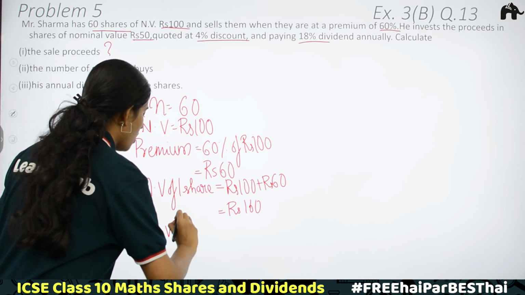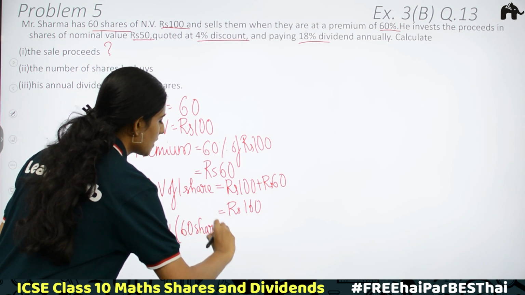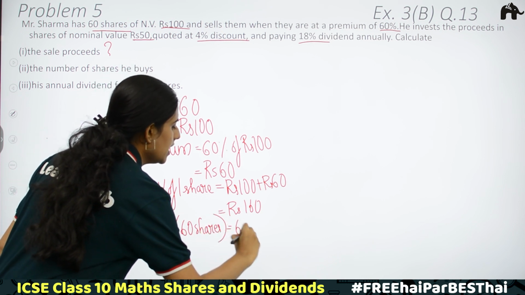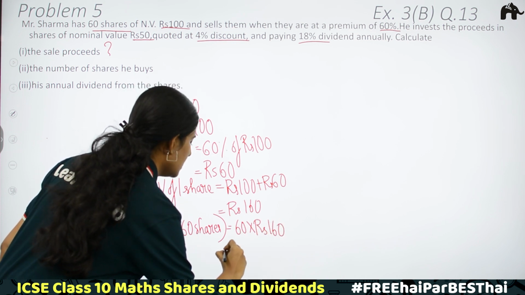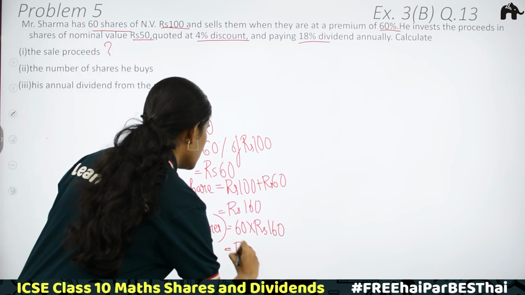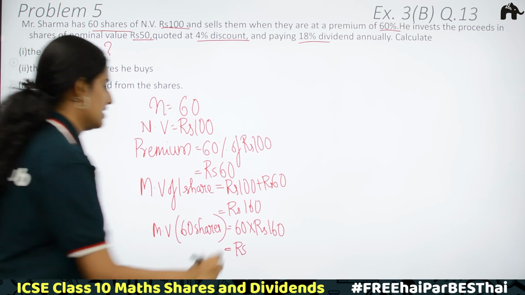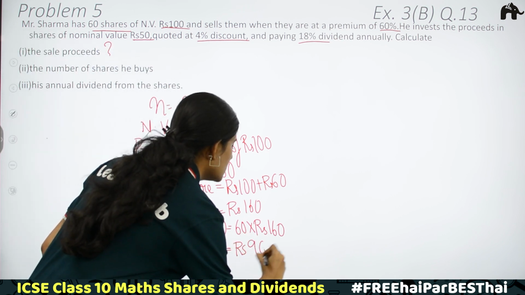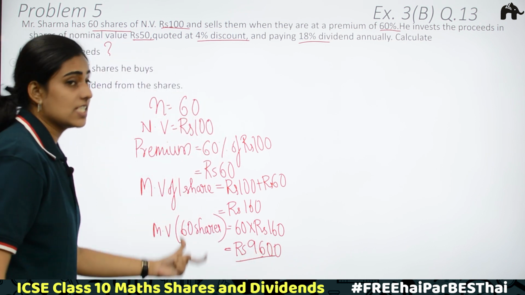Market value of 60 shares is equal to 60 into rupees 160. That is rupees, got the answer? Yes, 9,600. Okay, this is the market value of 60 shares.